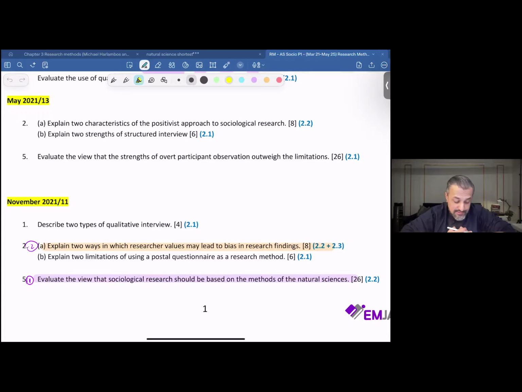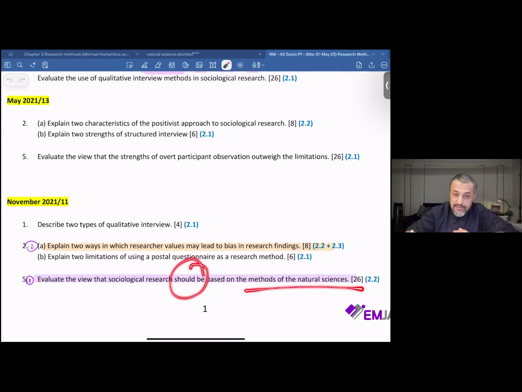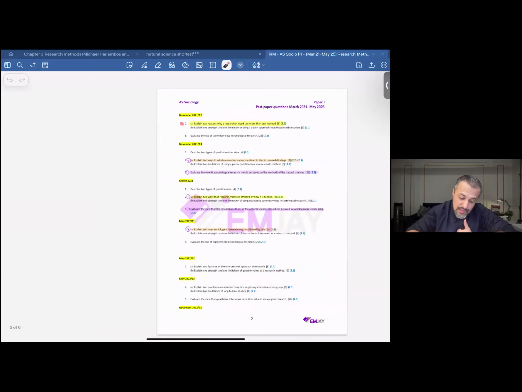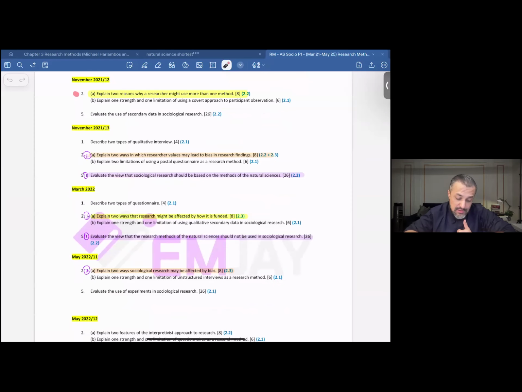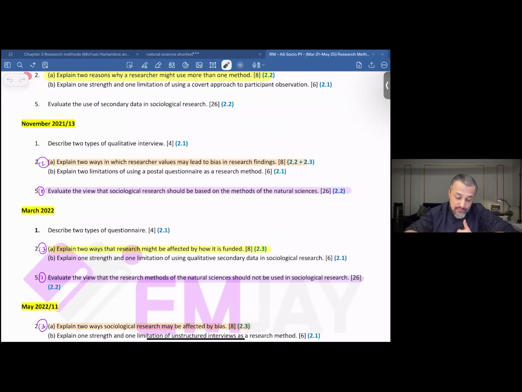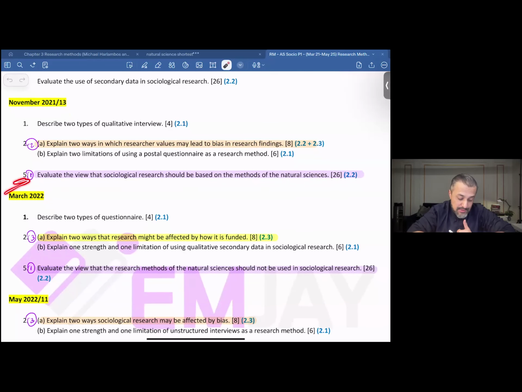And the question we had in November 2021, variant 1.1: evaluate the view that sociological research should be based on methods of natural sciences. Another question in November 2021, variant 1.3, is the same, because at times the examiner uses the same questions.